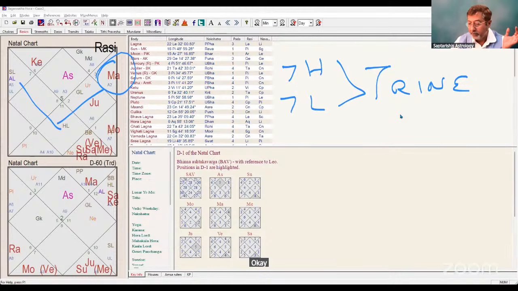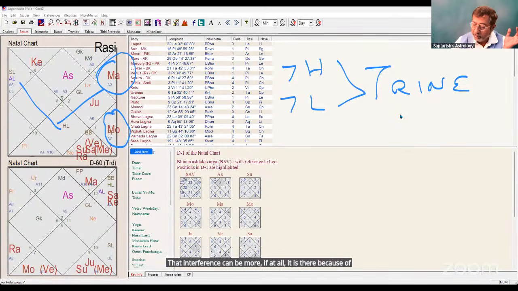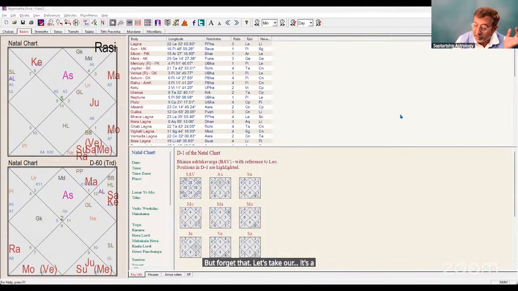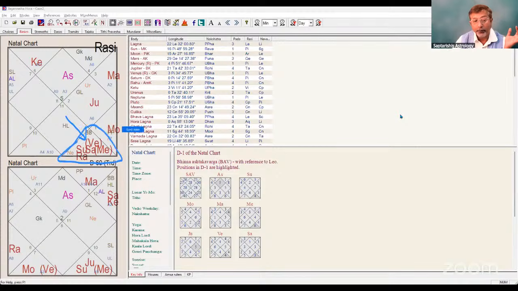Okay. Next, that interference can be more if at all it is there because of Chandra. But forget that, it's a very complex chart. So Aquarius is here. It goes in 8th house. So the person will have inheritance issues.